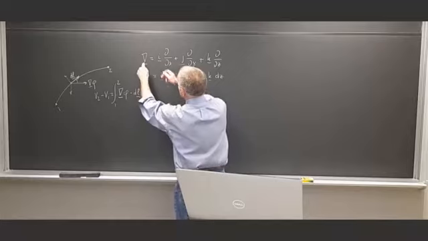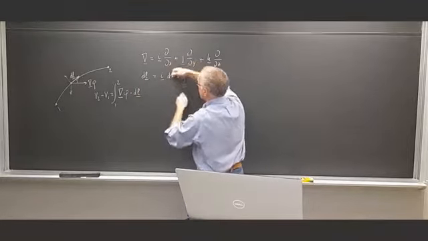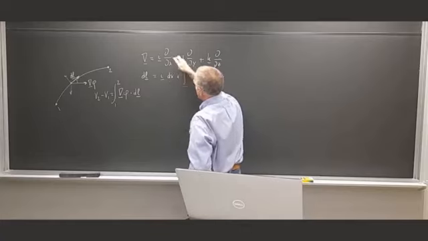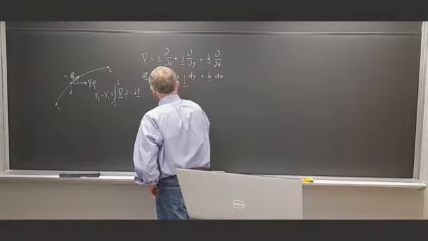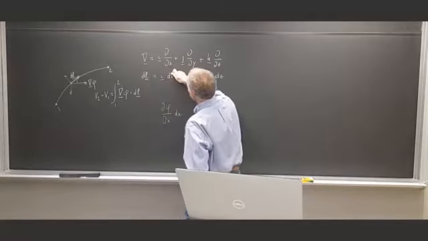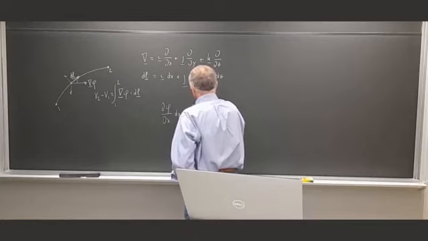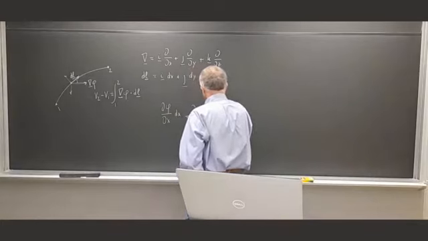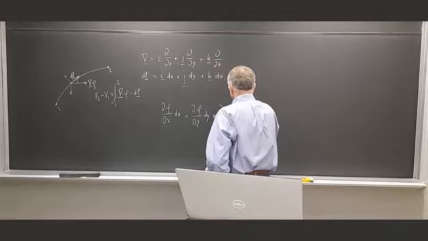When you do the dot product of two vectors, you get the multiplication of these two components. So it is going to be the derivative of phi with respect to x times dx, plus the derivative of phi with respect to y times dy, and z.